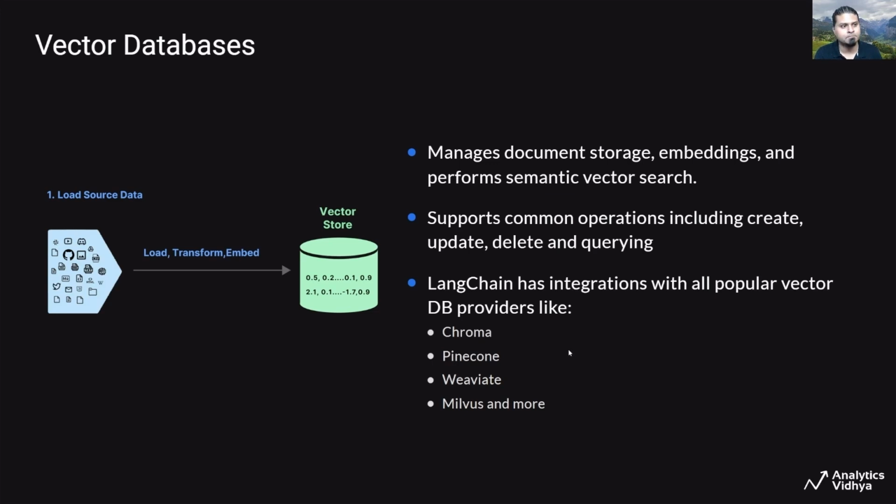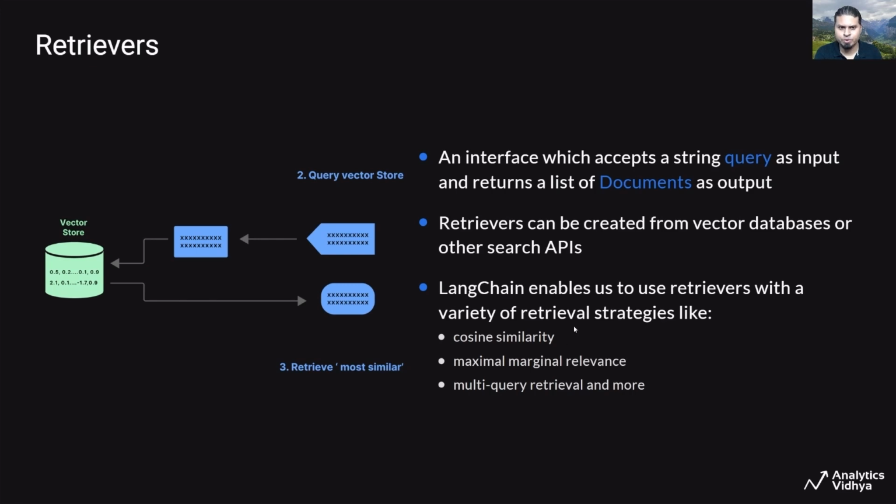Next step is typically retrievers, which is where you build a retrieval strategy on top of your vector database. So the idea is a retriever is basically an interface which accepts a string query as an input, and it returns a list of relevant documents as output, which are closest to the question in terms of embedding similarity. So what happens, as you can see in this workflow, is you will have some kind of a question.